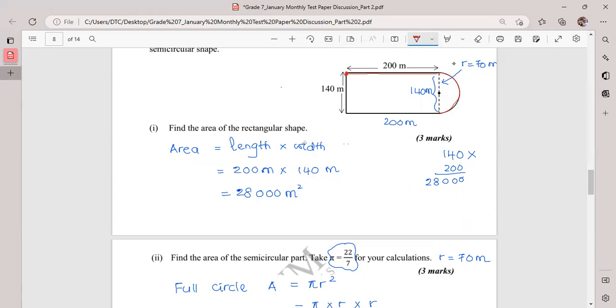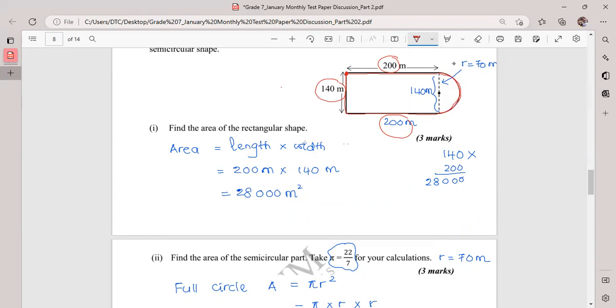Then again you have the straight edge, right? Then you go up. Again, you have come back to the initial position, right? So you have taken this 200 length, this 200 length, and 140, and this circular part, right?